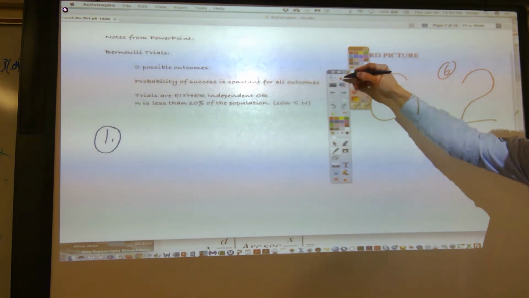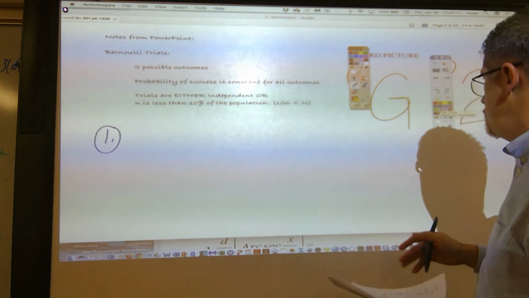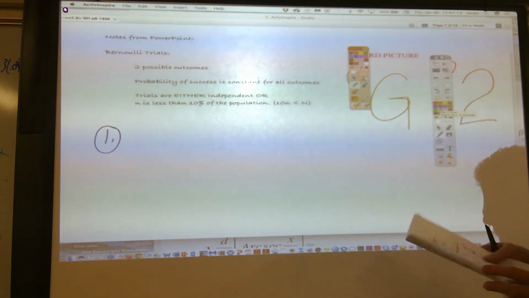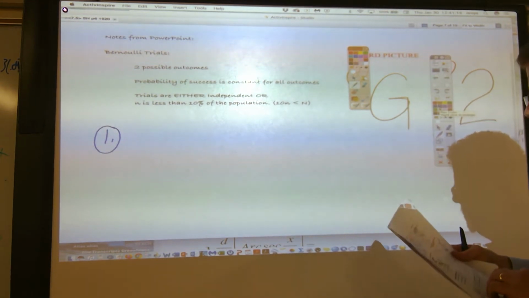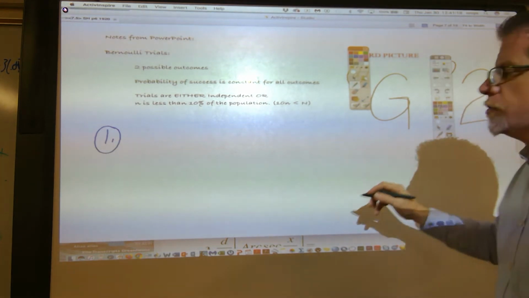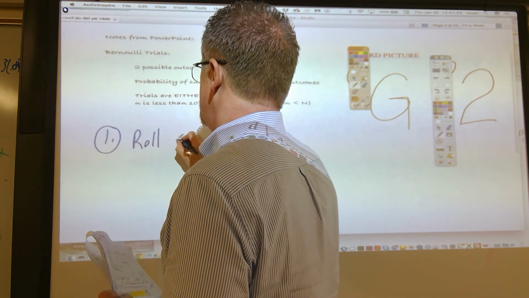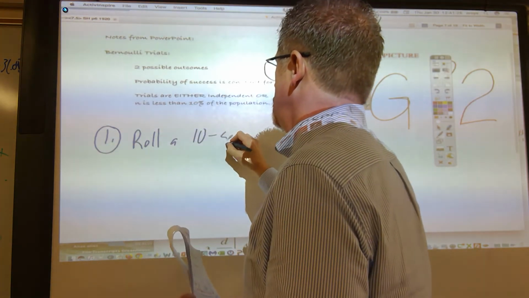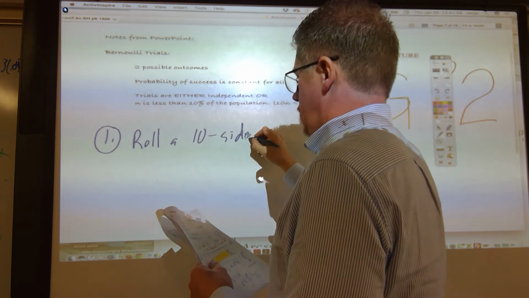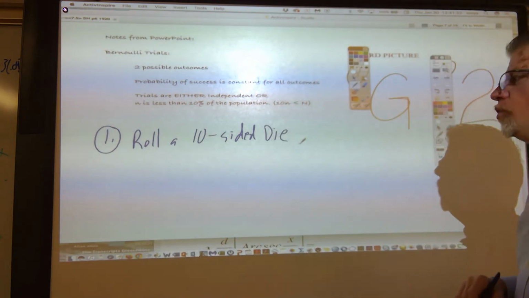So here we go. Let's go to a real world math problem that uses both Bernoulli trials and the geometric probability distribution. All right. We're in the real world of rolling a 10-sided die. We are going to roll a 10-sided die.